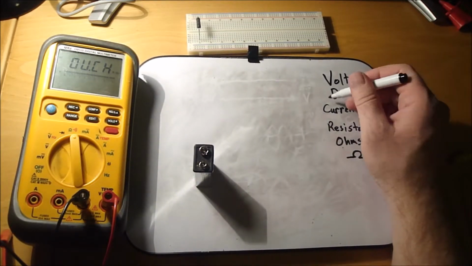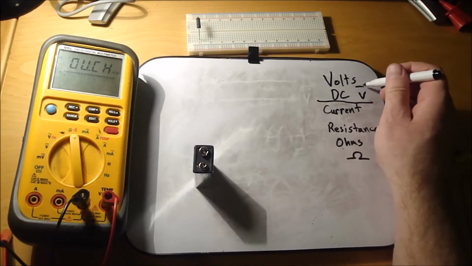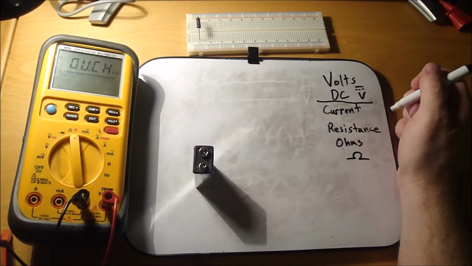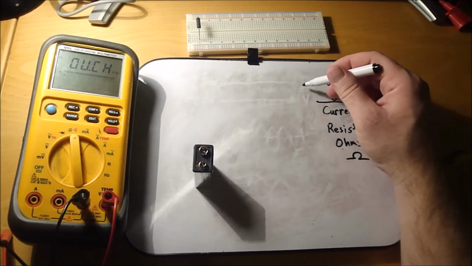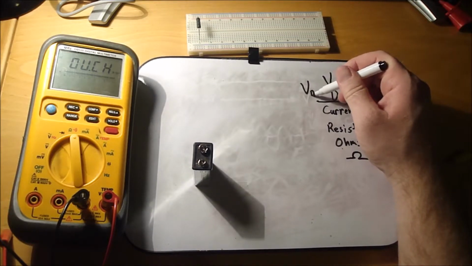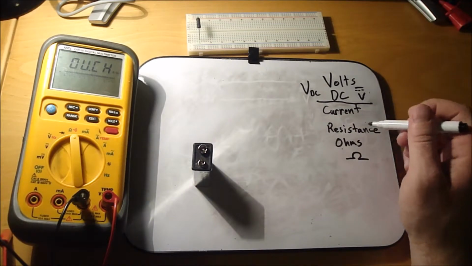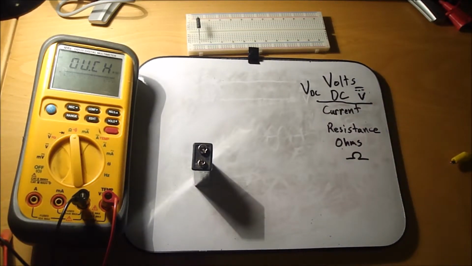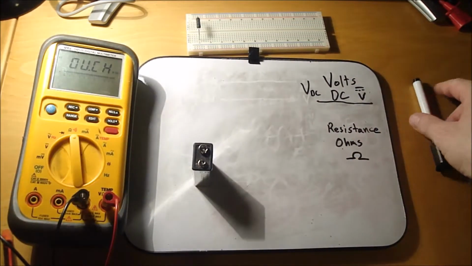And just like volts has a symbol, the volts DC, or in schematics you'll just see a big V with a DC next to it. Either case, same thing. So let's just measure the resistance of that resistor.